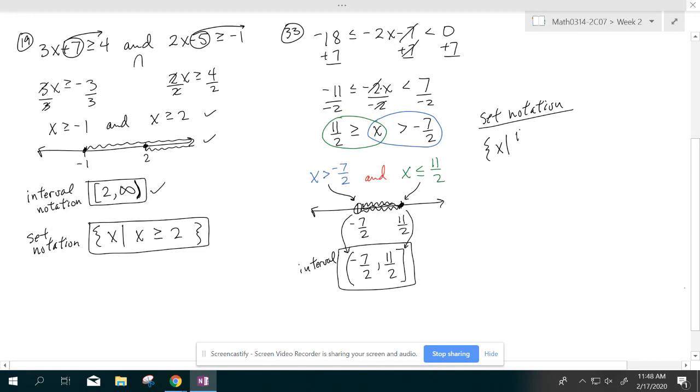And we can simply say negative 7 halves less than x less than or equal to 11 halves. Do y'all see? I simply took this statement right here once I have x by itself, and I copy and pasted that over here. That tells me what x does.